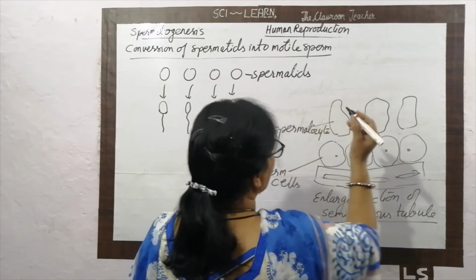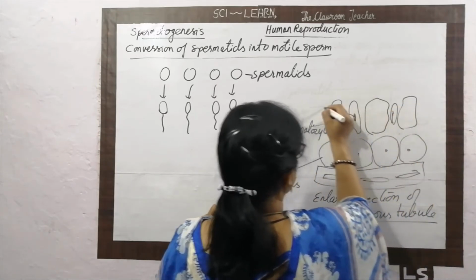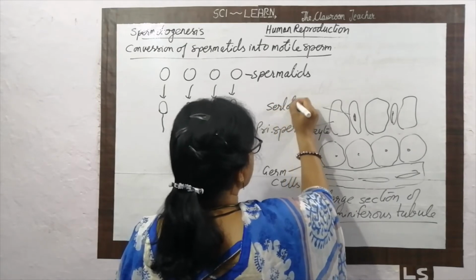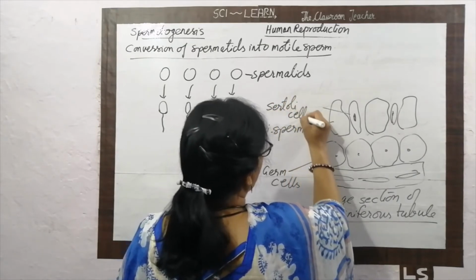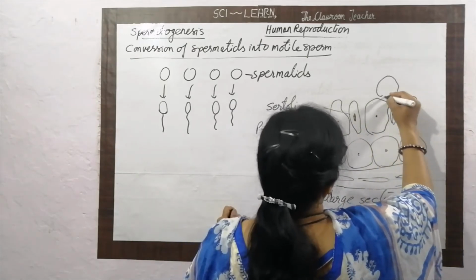This is the primary spermatocyte, and the Sertoli cell is present here. This primary spermatocyte gets developed into a secondary spermatocyte.